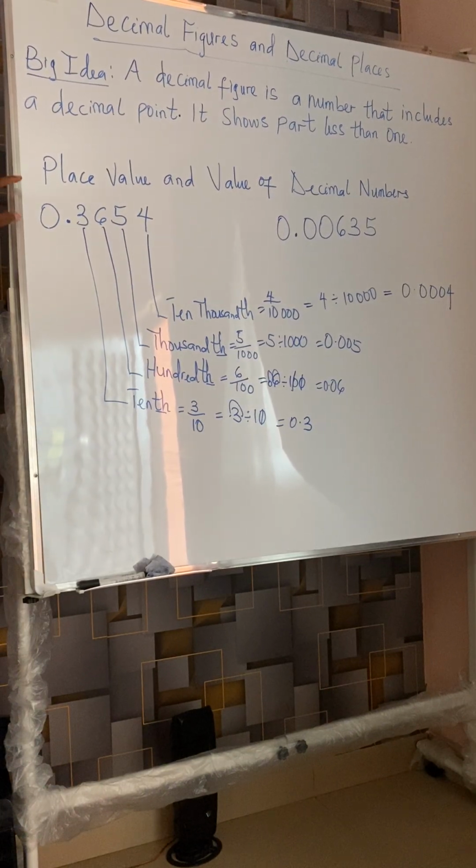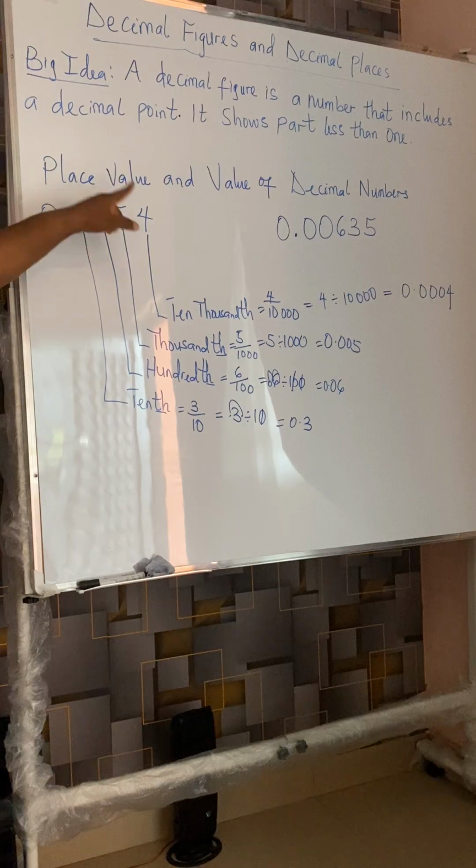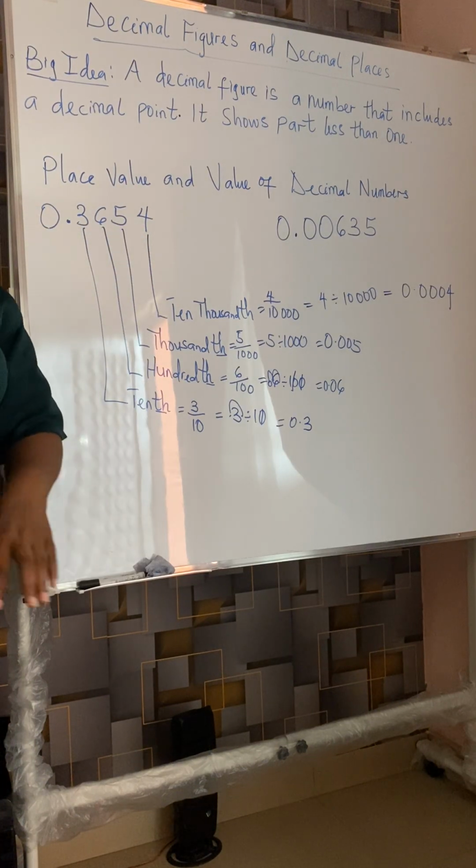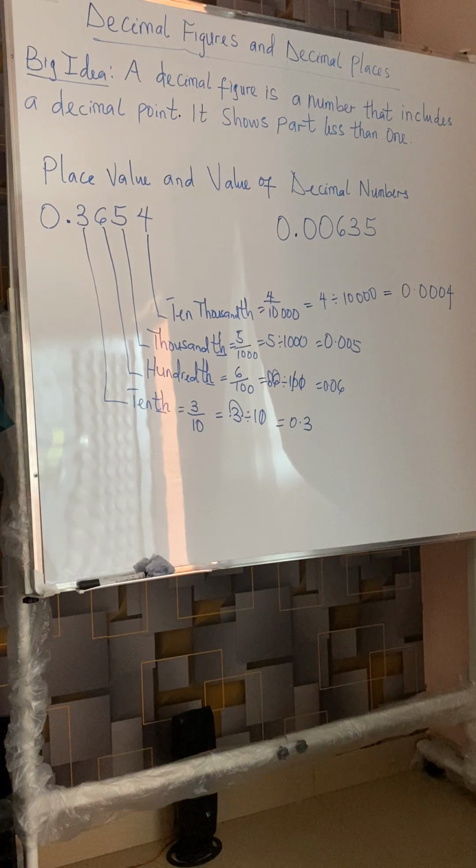So when you look at this number 0.3654, it's a decimal number. Most times learners who are in grade 4, 5, sometimes they are confused. And if this issue is not addressed until you get to middle school, high school, you start to struggle where you're not supposed to struggle in maths.